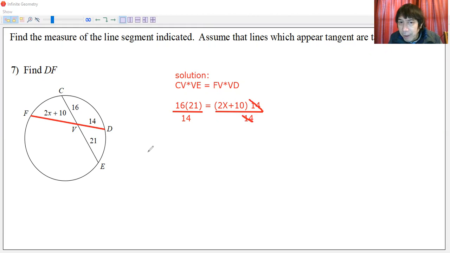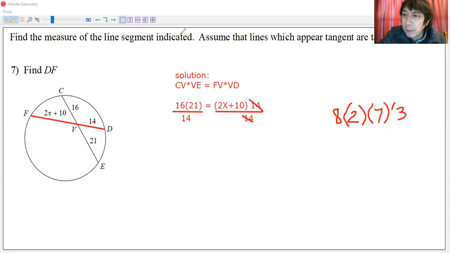Let's see the factors of 16, 21, and 14 on the left side. 16 is 2 times 8, or 8 times 2. Those will be the factors of 16. 21 is 7 times 3. This is how I do my simplified division.